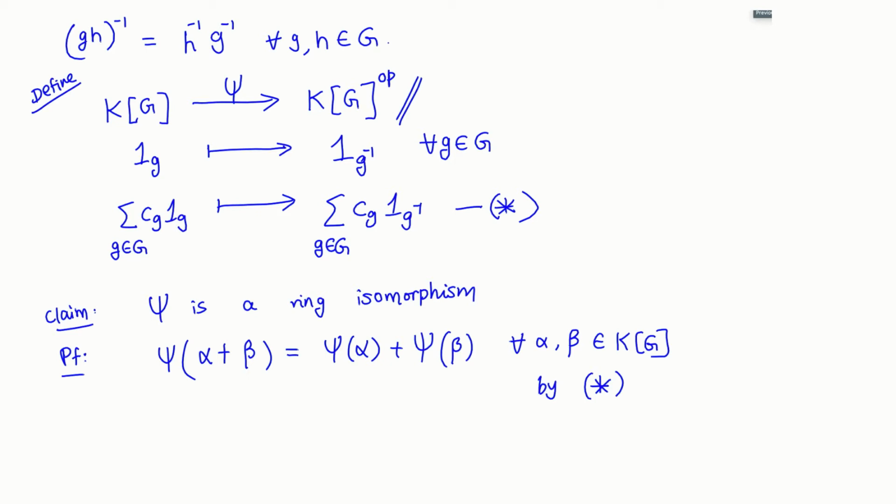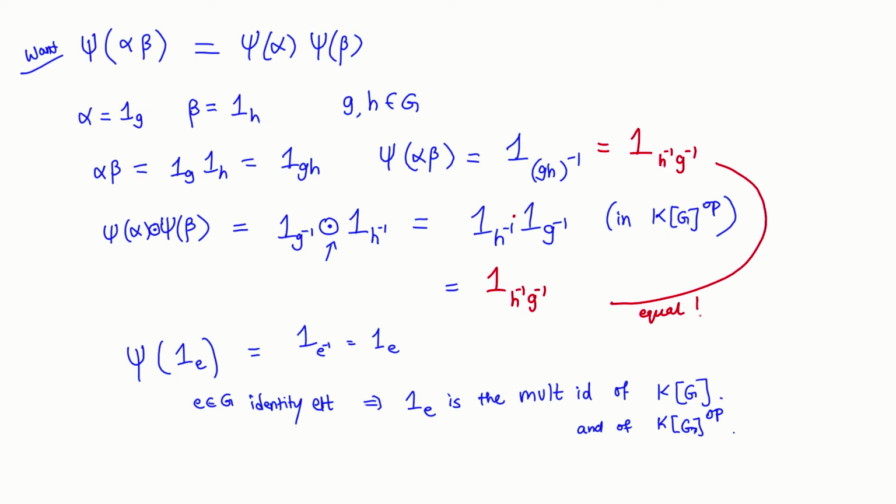And what does that mean? As a consequence of this, we will see later that right modules for kG op and left modules of kG are the same thing. So if your ring is kG, then right kG modules and left kG modules are really the same thing, because you can use this isomorphism to take a left module over kG and convert it into a right module over kG op.